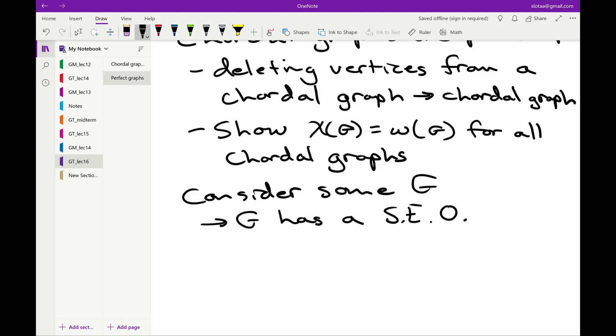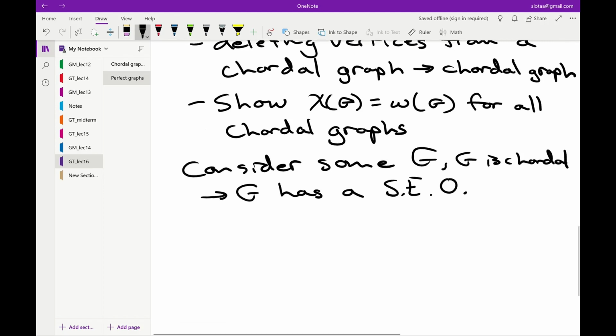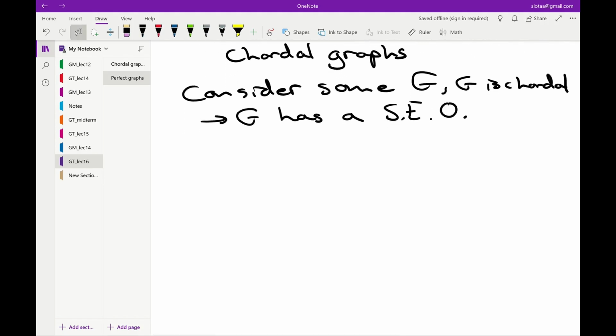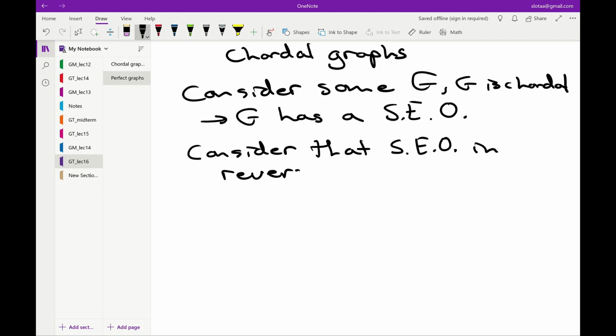So let's consider that ordering in reverse order. Going back to the previous class, we talked about simplicial elimination orderings. The way we defined it was a little weird because we defined it in a certain order, then considered it in reverse order. We did that in the context of the greedy coloring algorithm, and we're going to do pretty much the same thing right now.